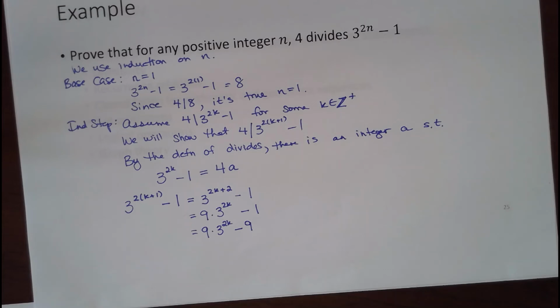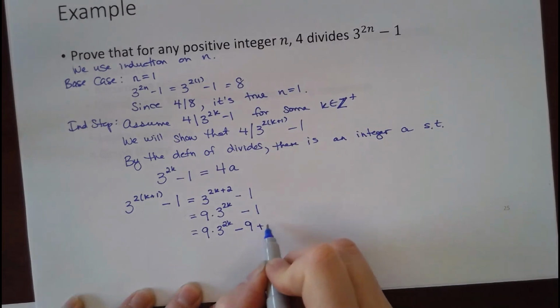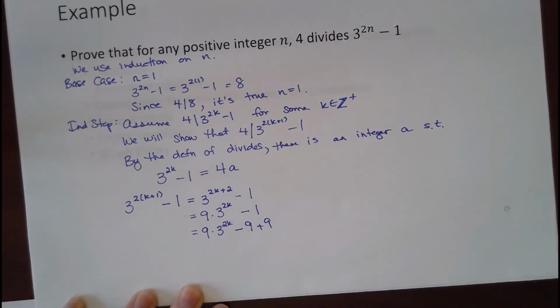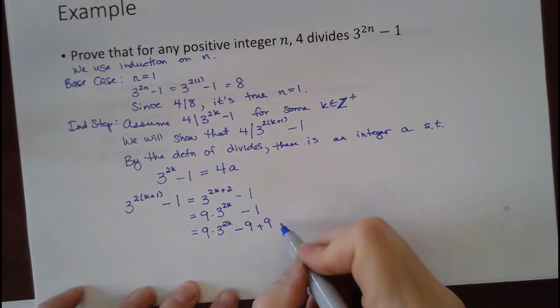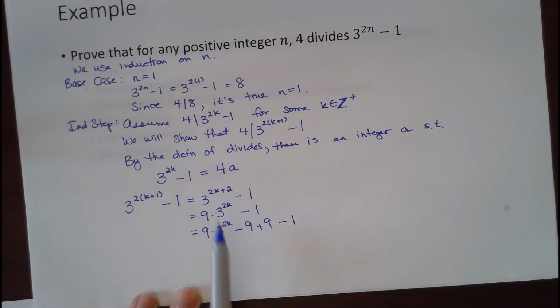But I can't just go subtracting 9 from an equation and expect it to still be equal. But if I subtract 9 and then add 9, I've just added 0, and so nothing has changed. And then my minus 1. So these two things are still equal. There's my 9 times 3 to the 2k, there's my minus 1, and I've just added 0 to it.